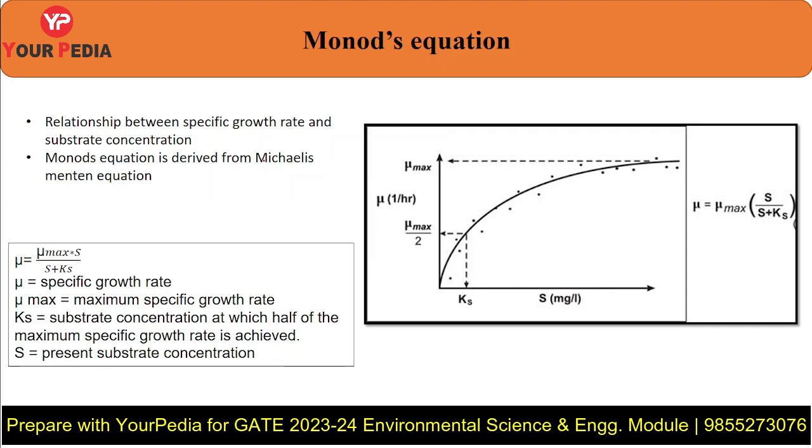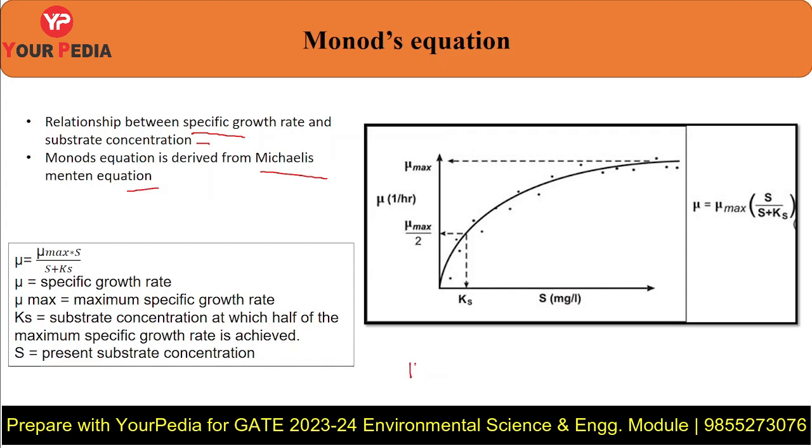Monod's equation is derived from its primary form, which is also known as the Michaelis-Menten equation. We'll talk about that later. Just know that it's derived from the Michaelis-Menten equation, and it gives us a relationship between specific growth rate and the substrate concentration. So, what is this equation?